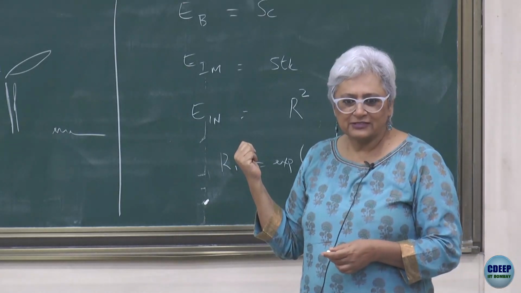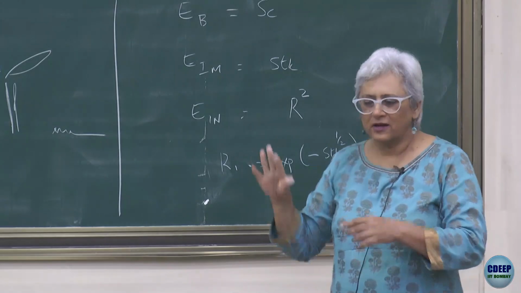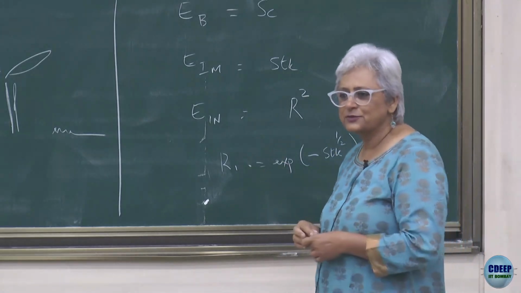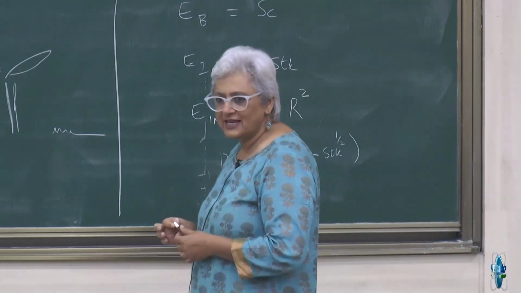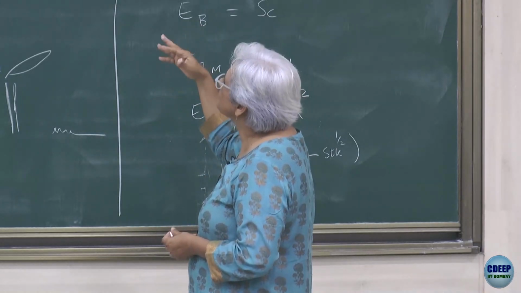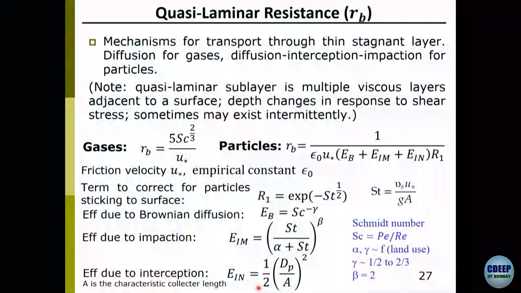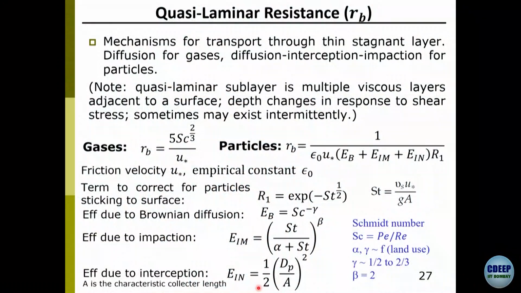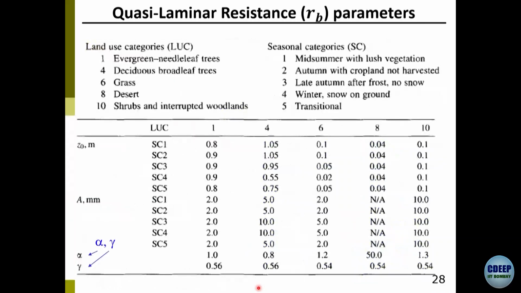And therefore, that R1 will become accordingly a value less than 1, right? So we had this idea of resistances in series, and then this quasi-laminar resistance is the one where the particle deposition mechanisms are coming into play. So that's really what this is about.